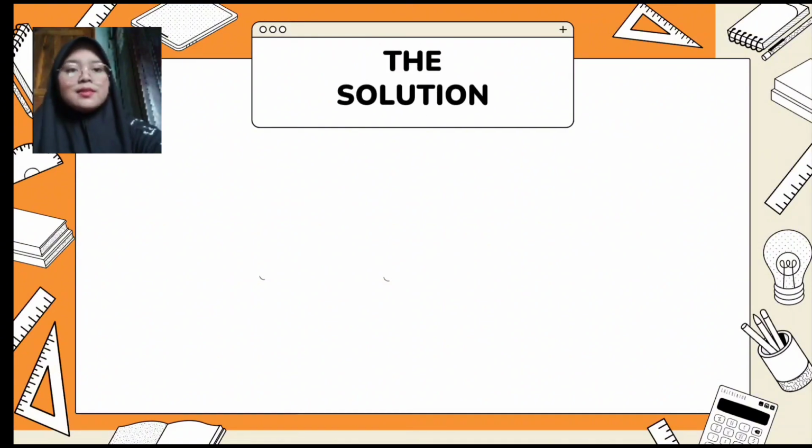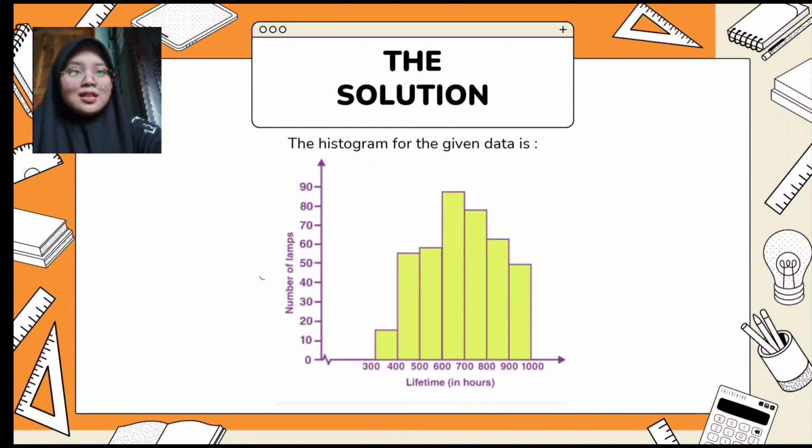is the histogram for the given data. This is the histogram. We draw with lower limit and upper limit. Lower limit 300 and upper limit 400 with frequency 14. Lower limit 400 and upper limit 500 with frequency 56.